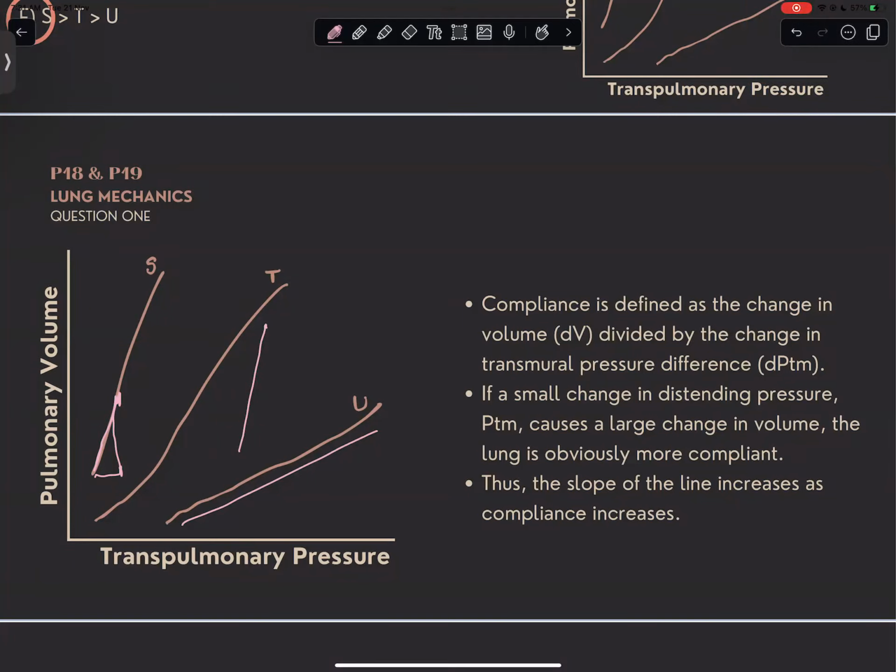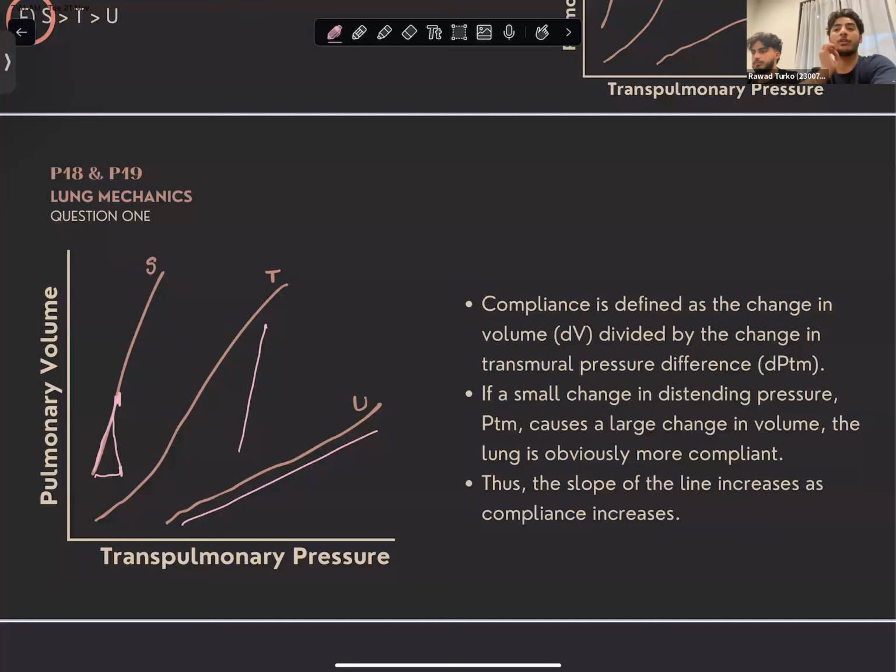Decrease. Okay, so make sure you always know the relationship between those two parameters. You have to know what happens, for example, when you have an increase in volume, or a decrease in volume, or an increase in pressure and decrease in pressure.